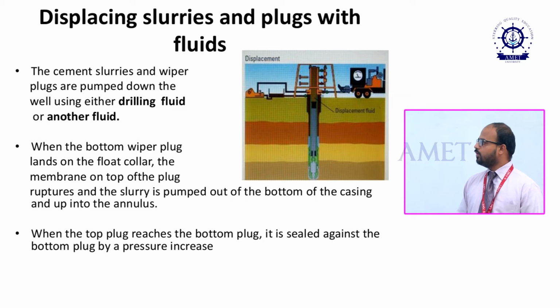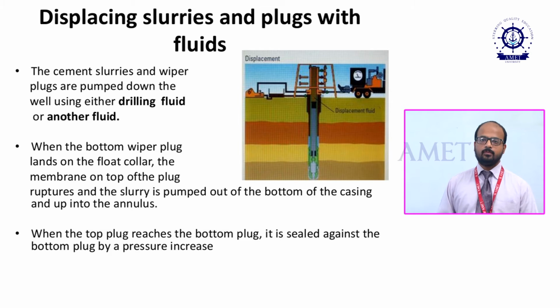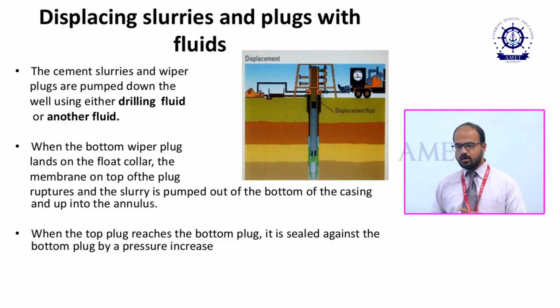Now how it works, if we go through the process: we have pumped the cementing. The question that should come to our mind is, once I put the bottom plug, the bottom plug starts to settle in the float collar. If it is settled, it is also plastic or solid.